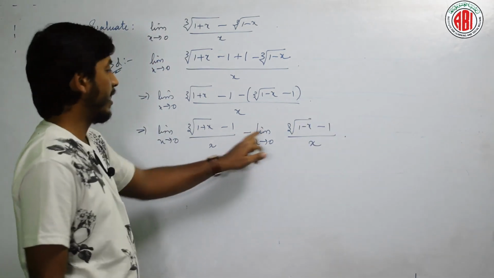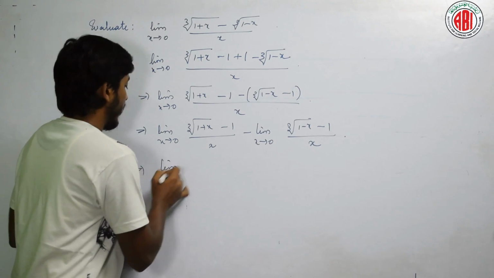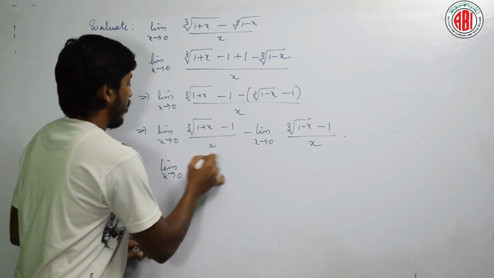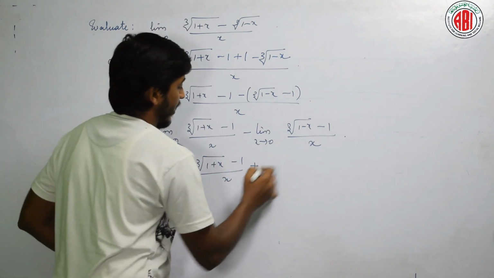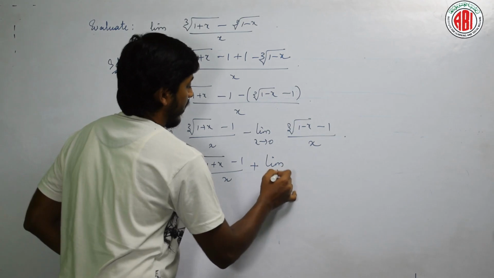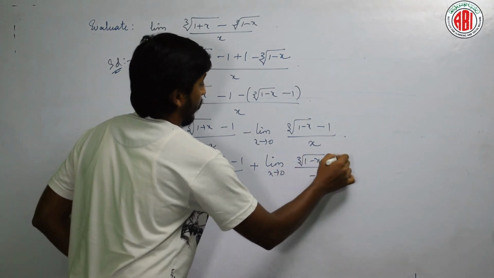Let us put this minus here and see what will happen. Limit x tends to 0 cubic root of 1 plus x minus 1 divided by x. Let us write plus here and let us put minus for this term. Why, you will get to know now.